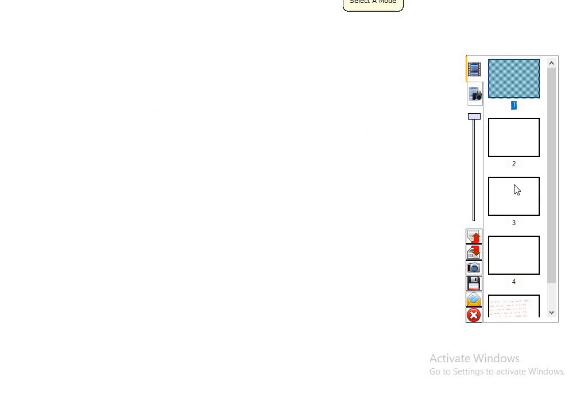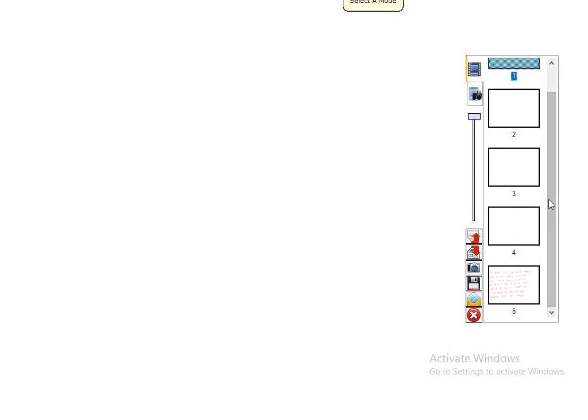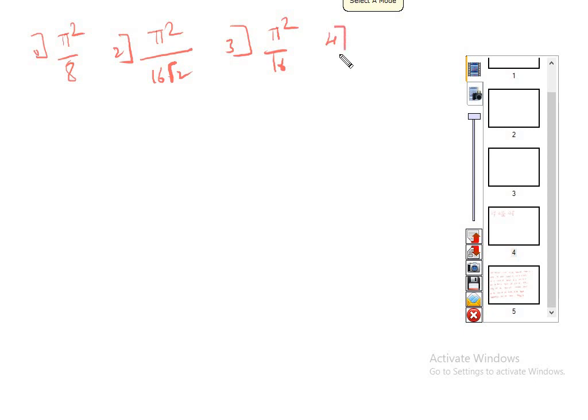First option, I have written it very long back. First option is pi square by 8, second option is pi square by 16 root 2, third option is pi square by 16, and the fourth option is pi square by 8 root 2.